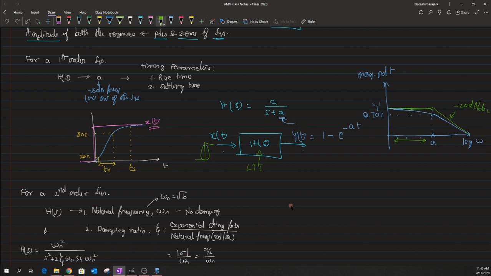Due to which the output in general will lag all the high frequency components, and it will have an output which grows exponentially, and the growth of this exponential graph is defined in this way. One could visualize this as two different components, where the value of 1 denotes your steady state response, and the value of e to the power minus a t defines the natural response of your output.